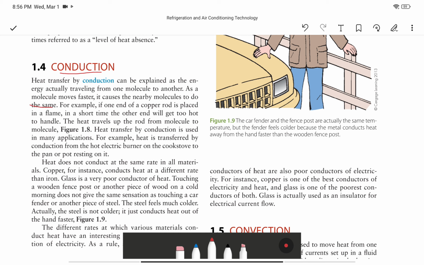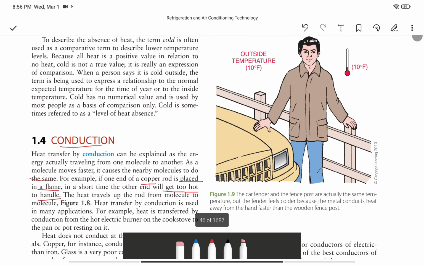For example, if one end of a copper rod is placed in a flame, in a short time the other end will be too hot to handle. And that is conduction.